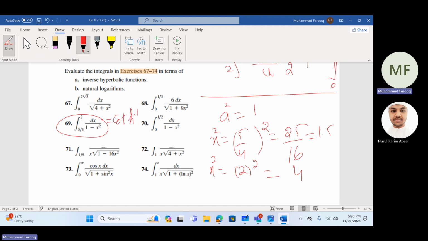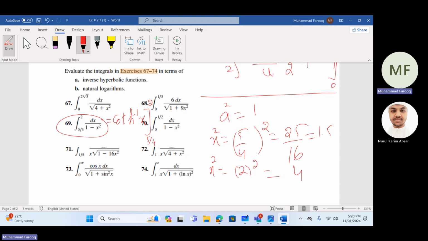Inverse hyperbolic X over A, which is x over 1, so no need for 1x. Limit from where to where? 5 by 4 to 2. Here, the 1 is less than both, so it is cotangent. If A is greater than x, use tangent.